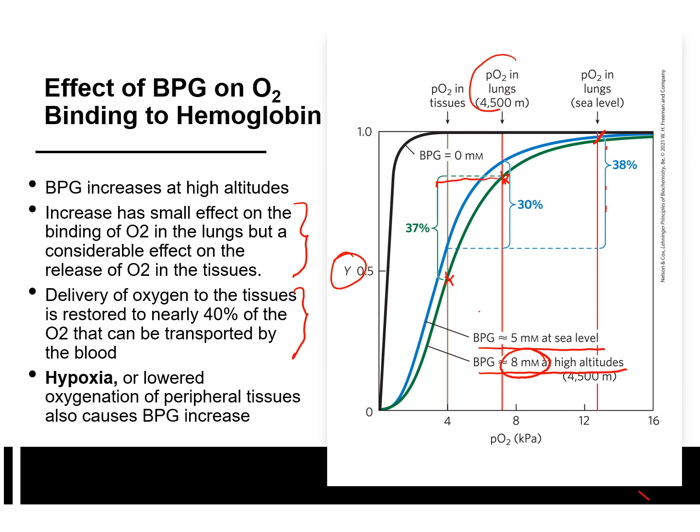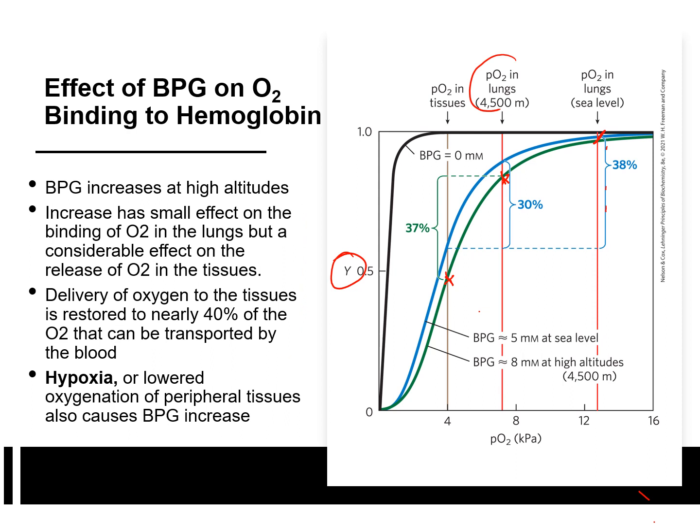This restores the release to about 37%. 37% is quite similar to 38%. So by increasing the BPG concentration, we've restored the amount of oxygen being delivered to the tissues. But why is that exactly?